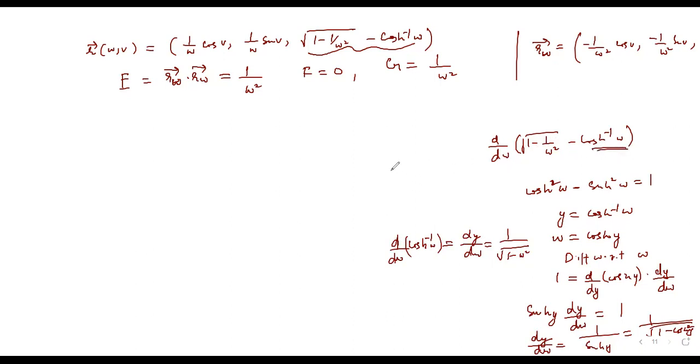How about this? We are differentiating d by dw of square root of 1 minus 1 by w square, raised to power 1 by 2. So differentiating, it becomes like this, raised to power minus 1 by 2.